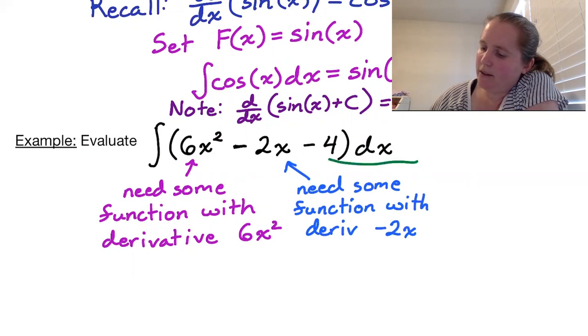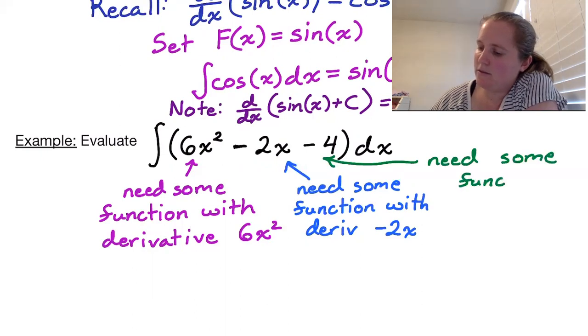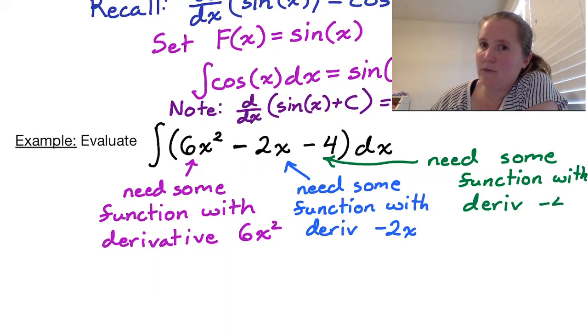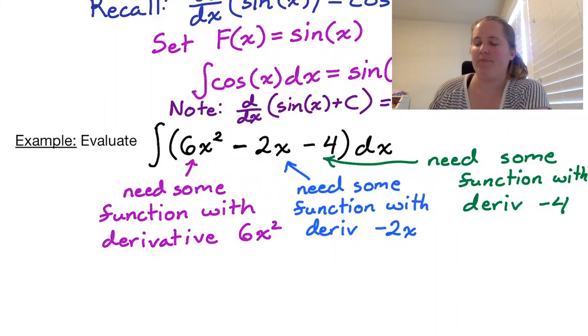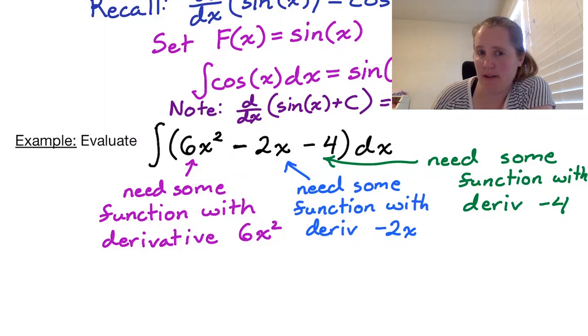And then for the last piece, we'll need some function with derivative -4. So if we ignore the coefficients, then we can focus on derivatives that wind up with an x squared.